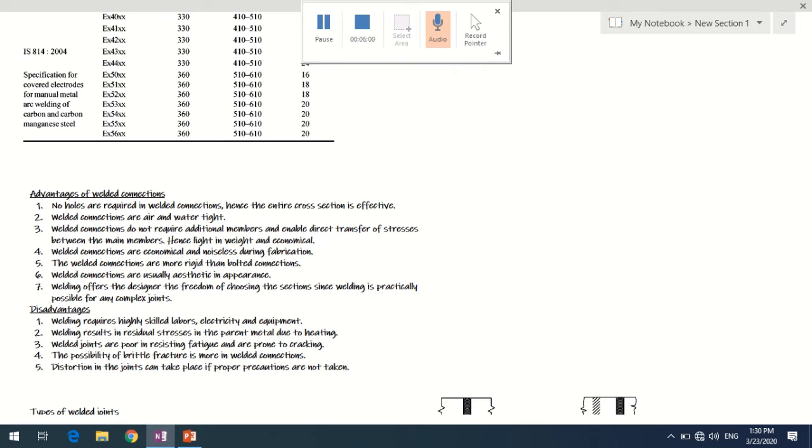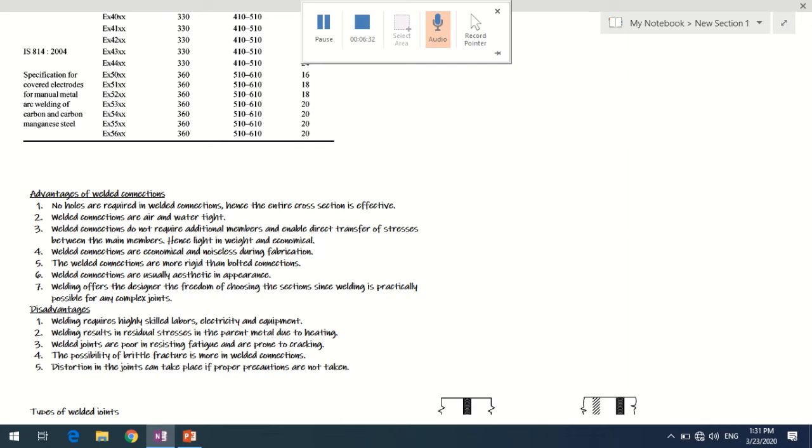The second disadvantage is that welding produces residual stresses in the parent material. The parent metal gets heated during the process of welding, and if it is cooled suddenly, or due to environmental conditions or working conditions it is cooled at a faster rate, that produces residual stresses in these welds as well as in the parent material.